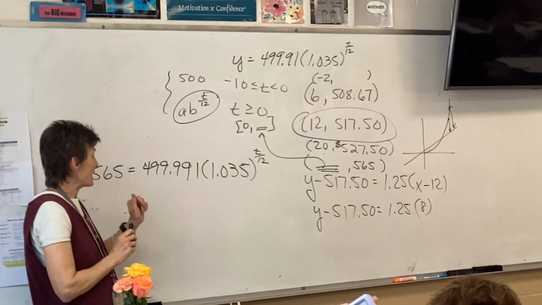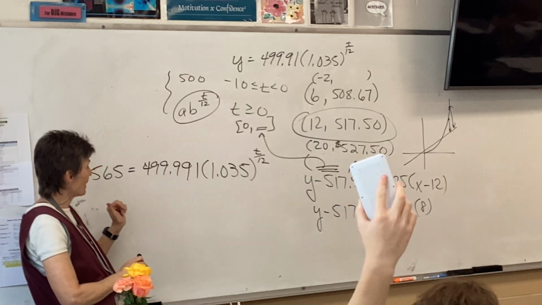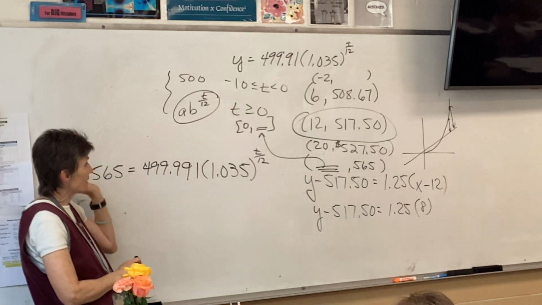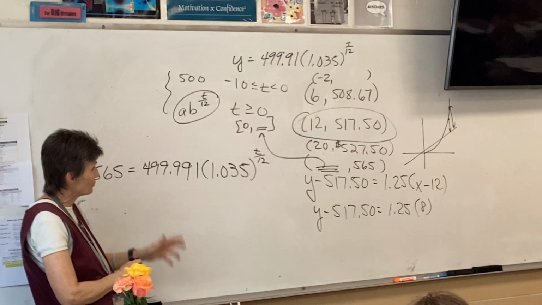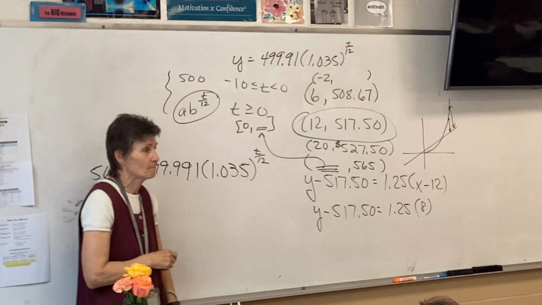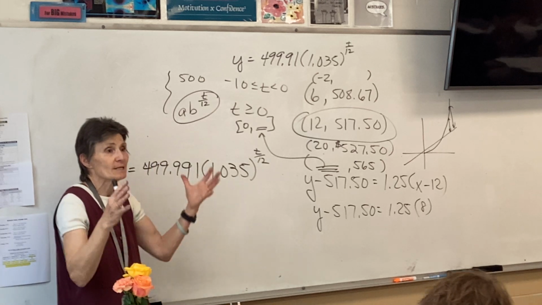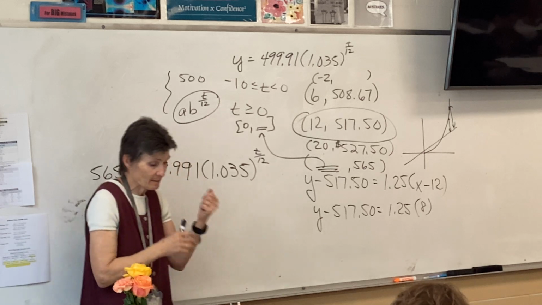Okay, so again, there's no directions here. It doesn't say you have to do it with the calculator. So you could divide, take the logarithm of both sides and do that. But anyway, it comes out to be 42.6 something. So your explanation is what? You have to explain this.